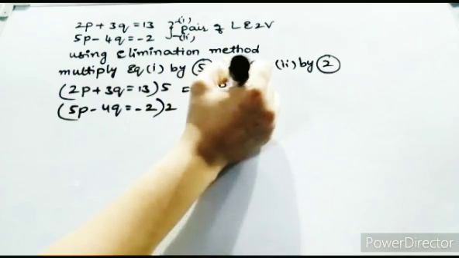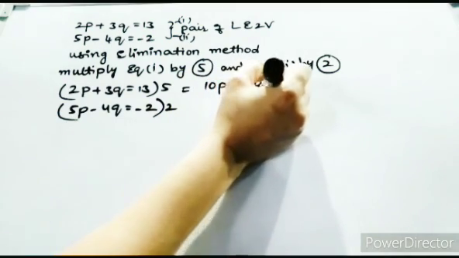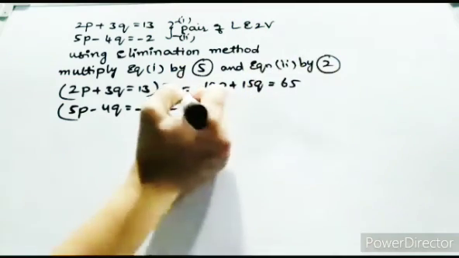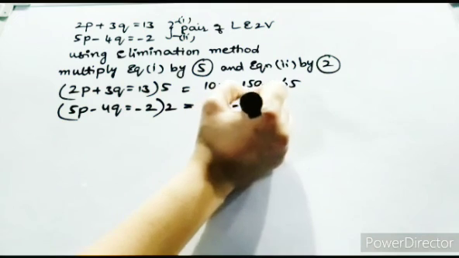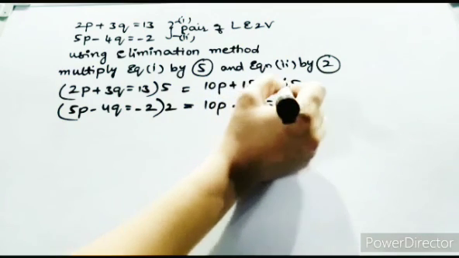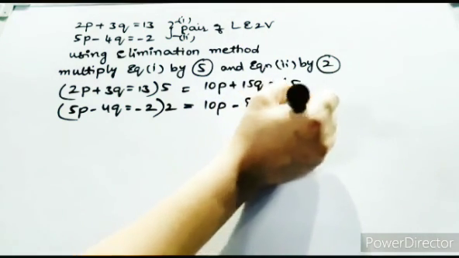What value will you get? 10p plus 15q is equal to 65, and 10p minus 8q is equal to minus 4.